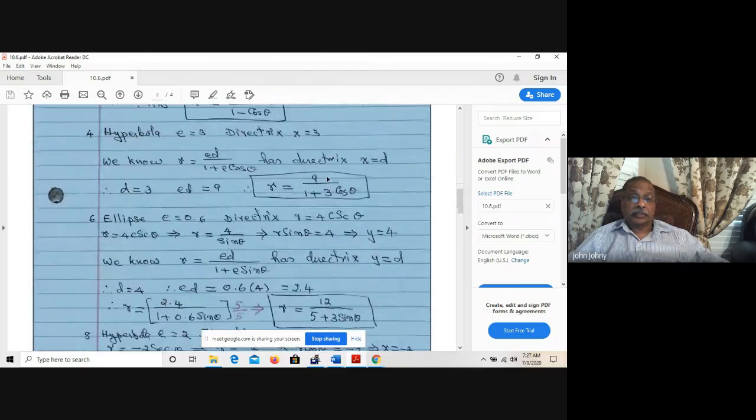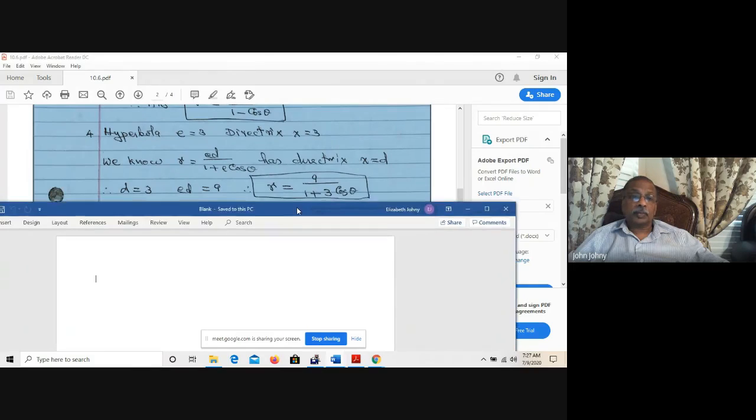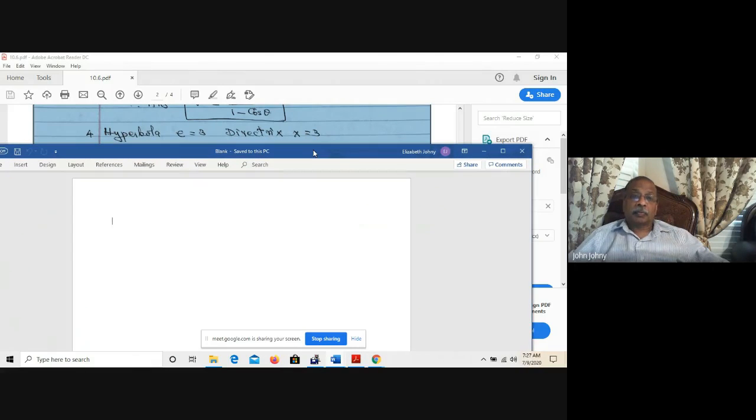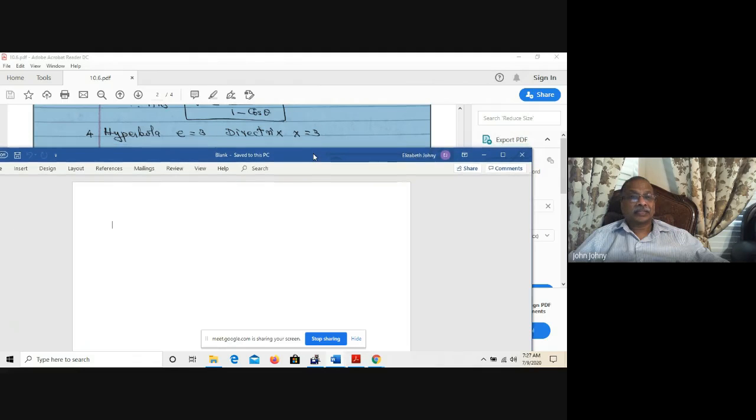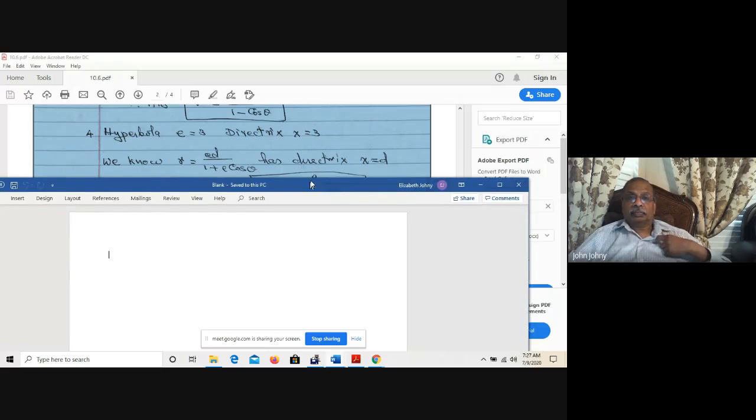Okay, next, number 4. It's a hyperbola. Eccentricity is equal to 3 and directrix is x is equal to 3. So you pick the appropriate formula. We know d is positive, x is equal to 3. So r is equal to ed over 1 plus e cos theta has a directrix x is equal to d.